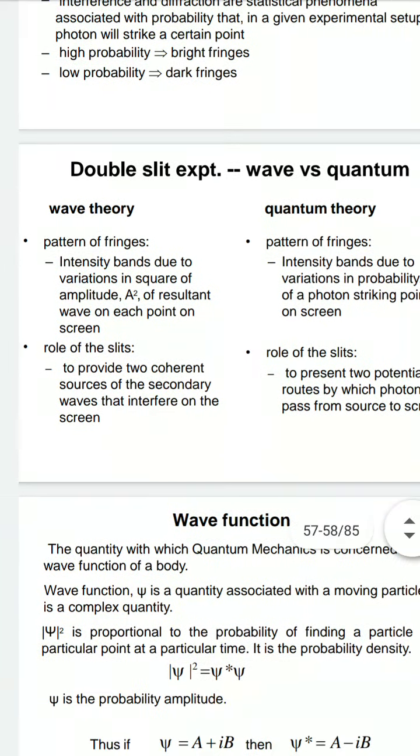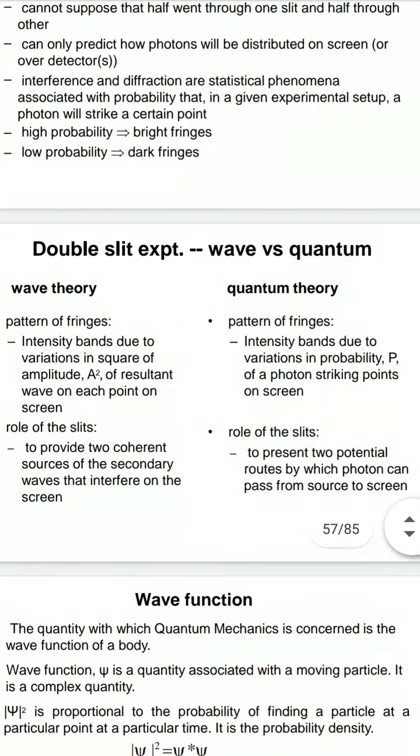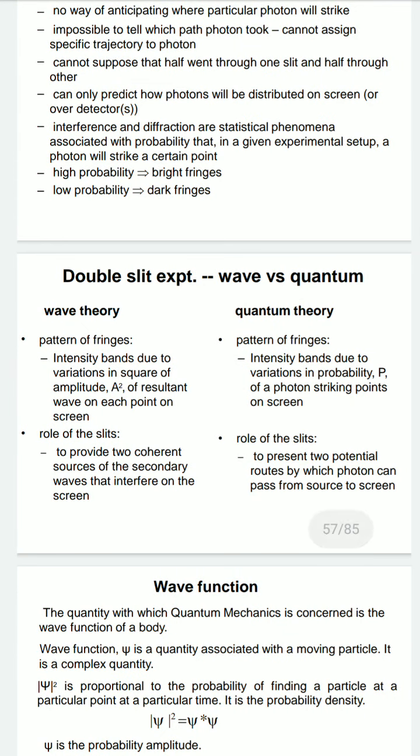We can see here in this slide, there is a connection between wave theory and quantum theory. Using both of these theories, we can explain the double slit experiment. First, wave theory says the pattern of fringes is intensity bands due to variation in the square of amplitude of the resultant wave at each point on the screen.